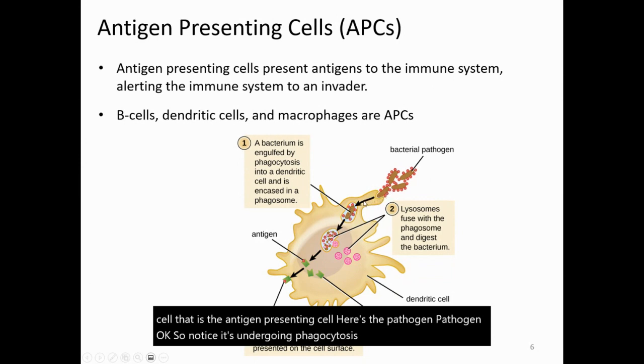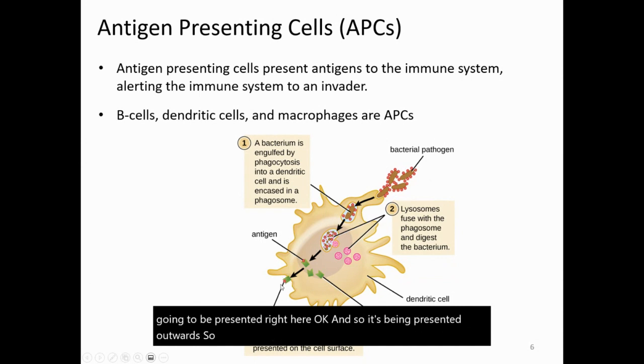Right here it's being endocytosed. Here is the phagosome, which contains the pathogen. Notice the little lysosomes are coming. So now we have that phagolysosome. It chops it to bits. But notice the circle, that's considered the antigen here. This little red circle is going to be presented right here, and so it's being presented outwards.